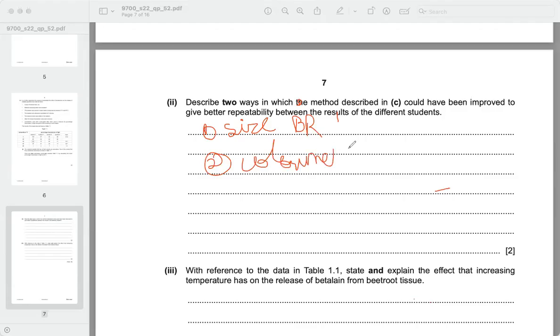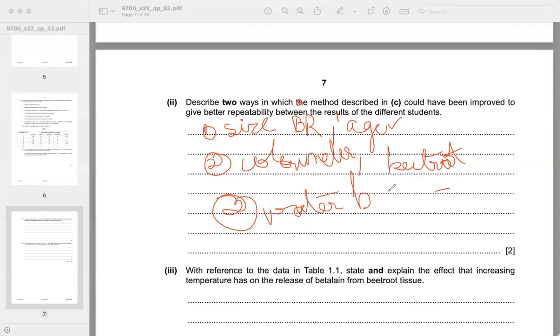We've already got our 2 points, but we mentioned that we can have the age also, which can be the same. So there is one more point here. We have to make sure that our beetroots were covered in water. Our water bath was thermostatically or digitally controlled. So we have a good amount of points.